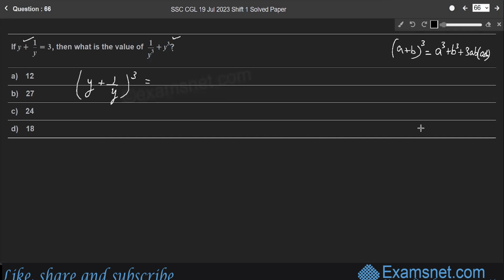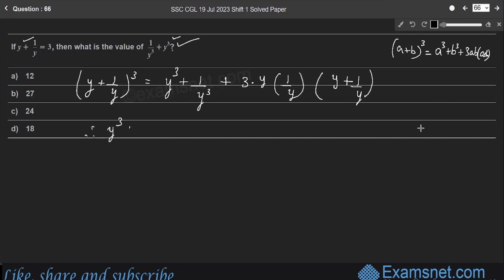Similarly, y plus 1 by y the whole cube is y cube plus 1 by y cube plus 3 times y into 1 by y into y plus 1 by y. Here we need the value of y cube plus 1 by y cube.